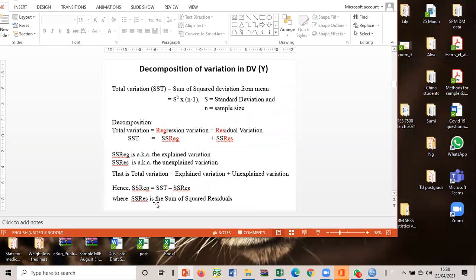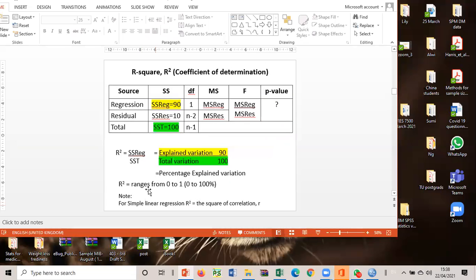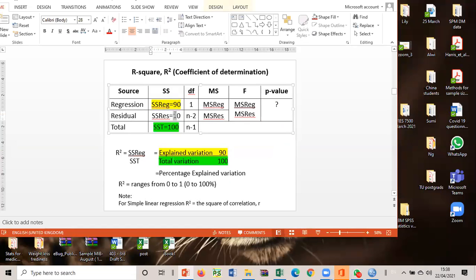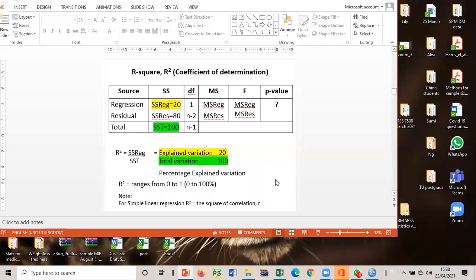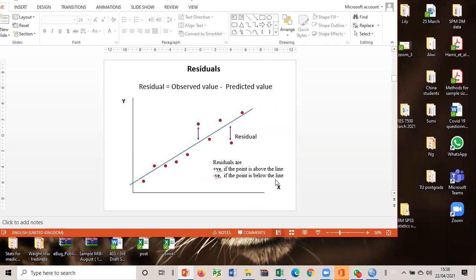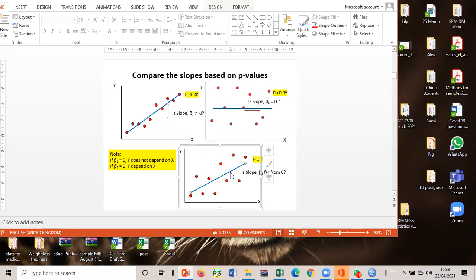Supposing, on the other hand, this is 80. What must this be? 20. That's what R square is? 20%. Is it low? Yes. And then your graph will be something like the third one here.